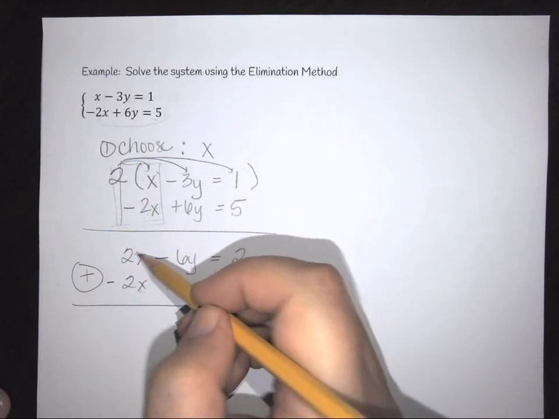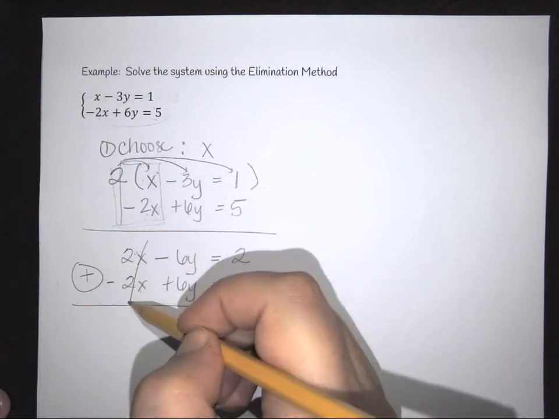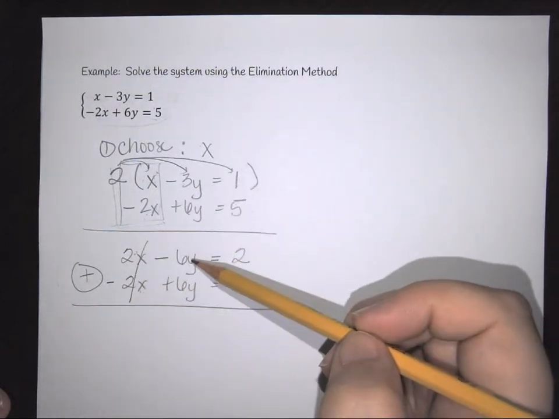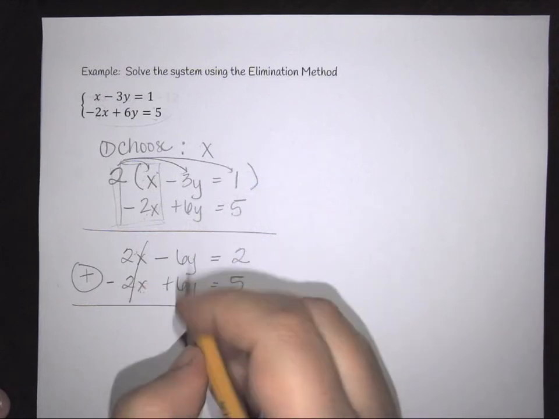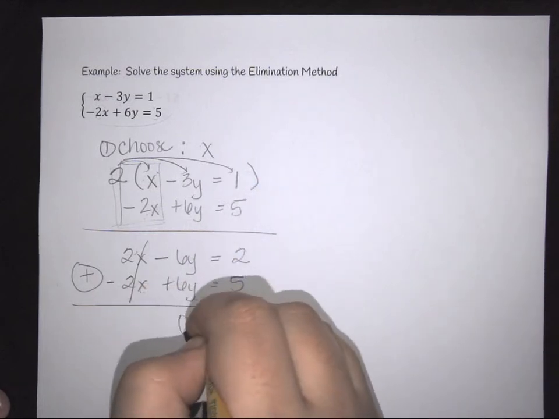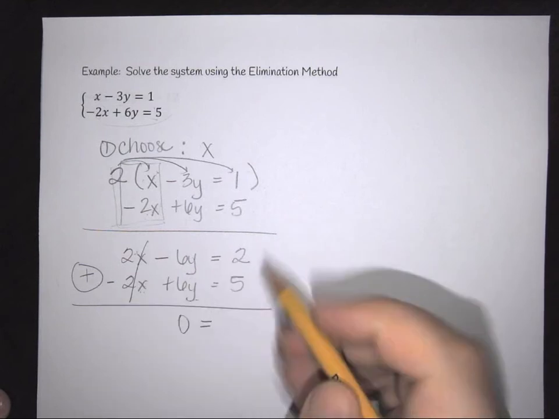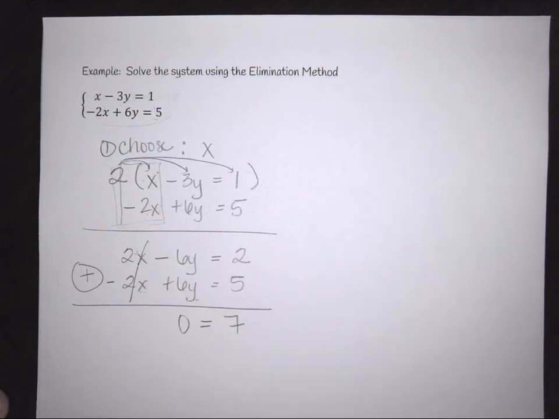So 2x plus negative 2x means it goes away. Negative 6y plus 6y gives me a 0. And 2 plus 5 gives me 7.